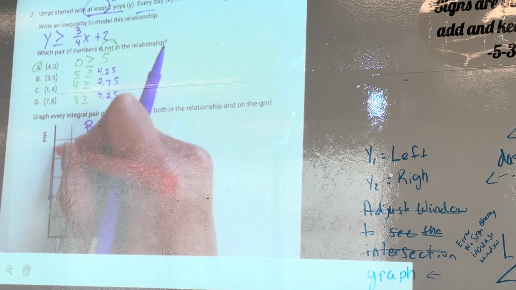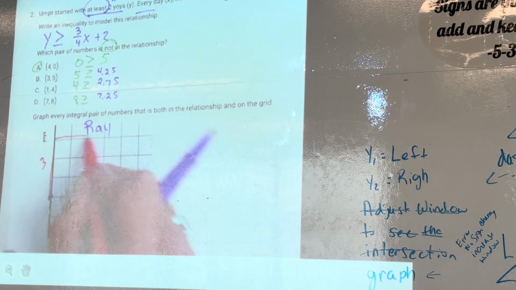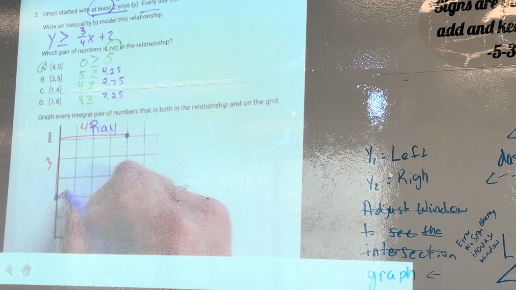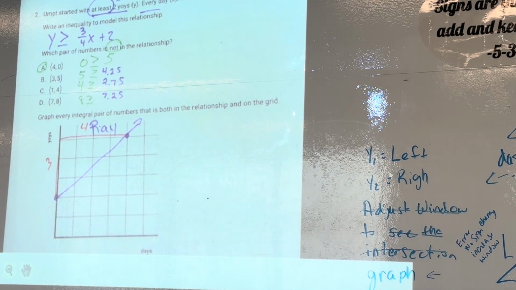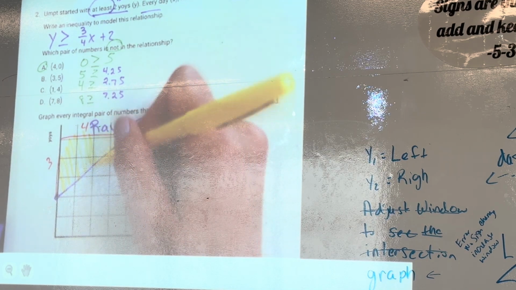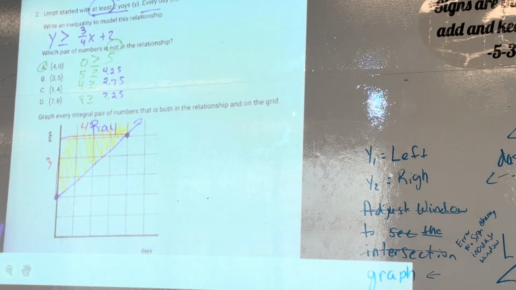Go up 3 and over 4. And we draw a ray. Are we done? No. What do we need to do? Shade it. Which way, above or below? Above, because it's greater. So shade above.